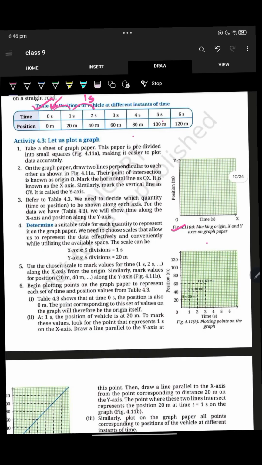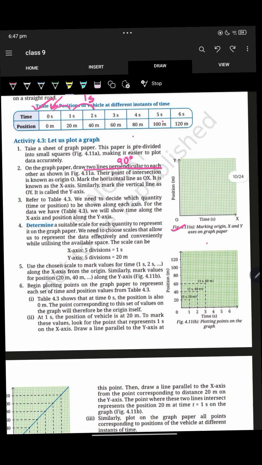You will take one part of it and draw two perpendicular lines. Perpendicular lines means they are at 90 degrees to each other. This is one line and this is the other perpendicular line. They are the x and the y axis.